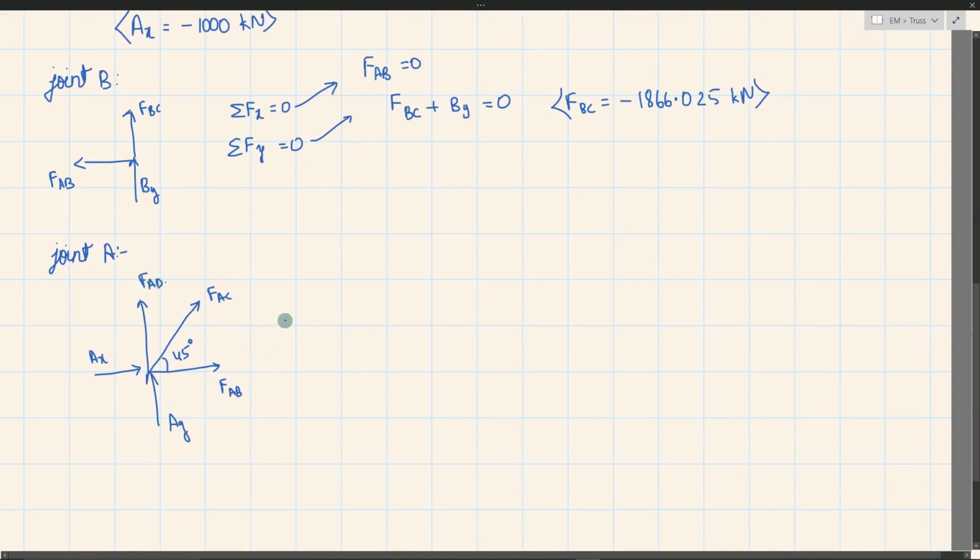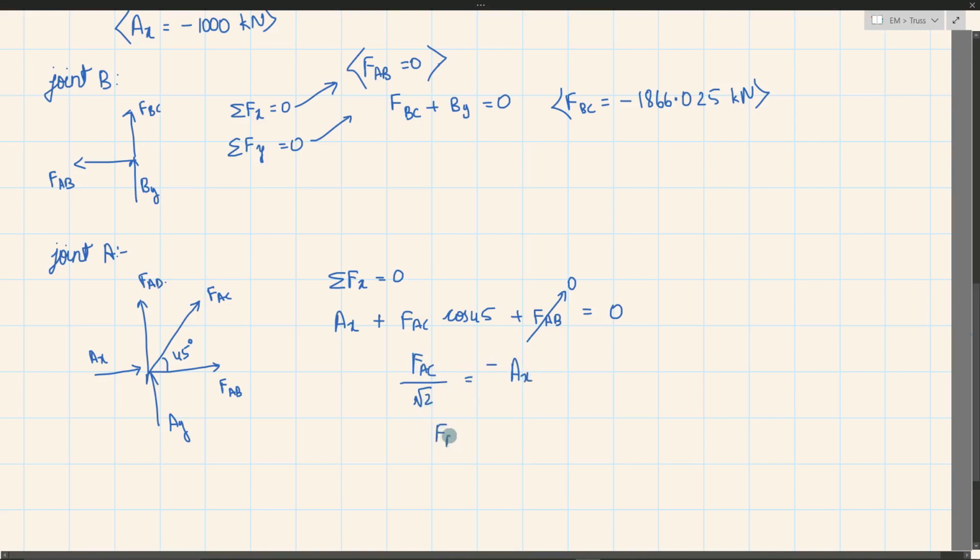Okay, so now I can apply sigma Fx equal to 0. I'll have Ax plus FAC cos 45 degrees plus FAB is equal to 0. FAB is already 0, we know that from this. So FAC by root 2 is equal to minus AX, right?